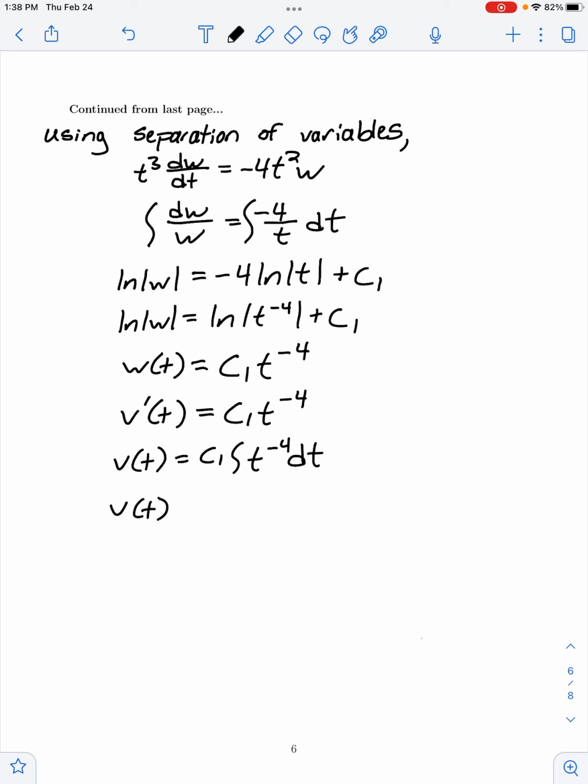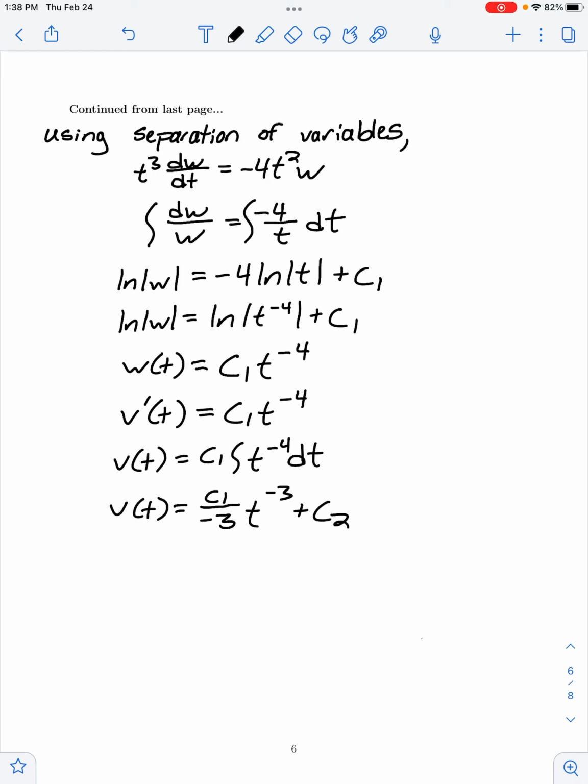And I find that v of t, my antiderivative, would be c1 divided by negative 3 t to the negative third power plus some other constant c2. So here we have a general expression for v of t, which involves these arbitrary constants c1 and c2. And c1 and c2 could be any constants that we want here.